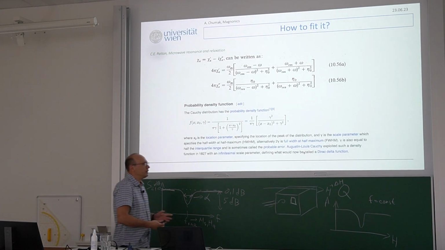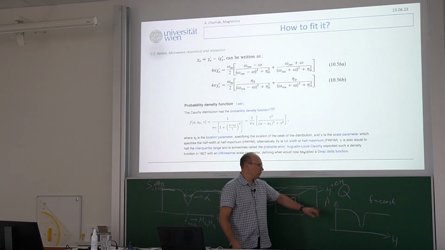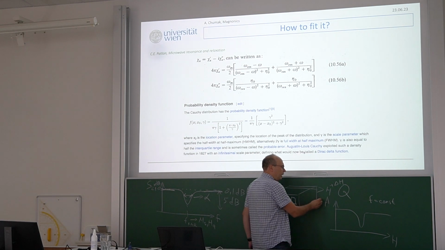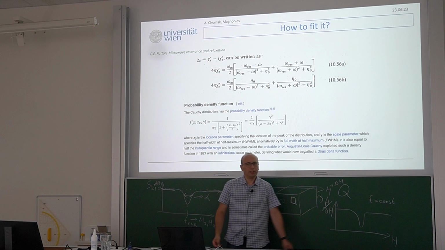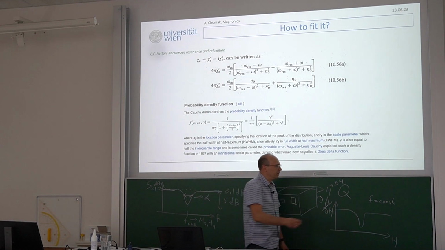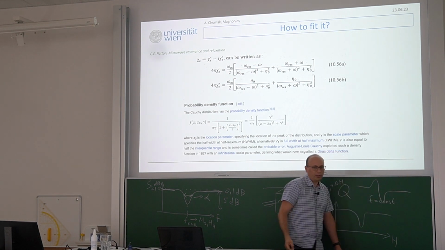If you perform these measurements, pretty often people plot not absorption but something like dA over dH, the derivative of this one. Then when you measure derivatives, your curve will look like this, like an asymmetric component.